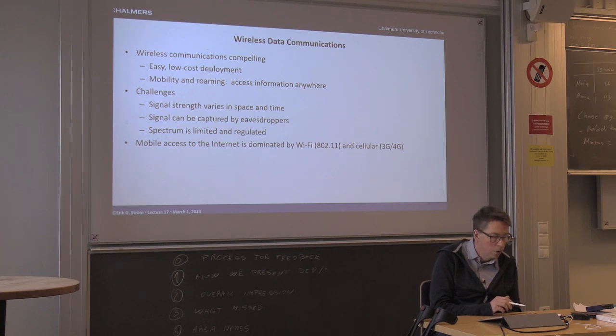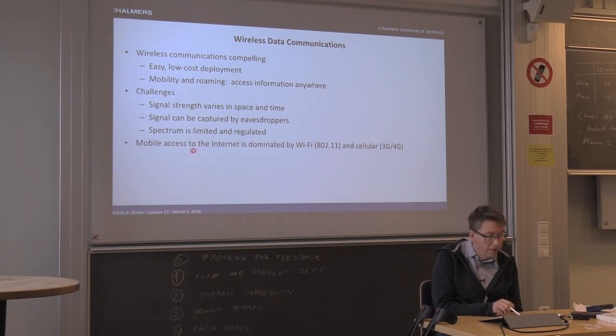It's heavily used, and therefore it's regulated. So we can't just build a product with a wireless system without first getting permission to use a certain frequency band for that system. All right, so to summarize, all of these things we will talk more about in courses in the MCOM program, for instance.